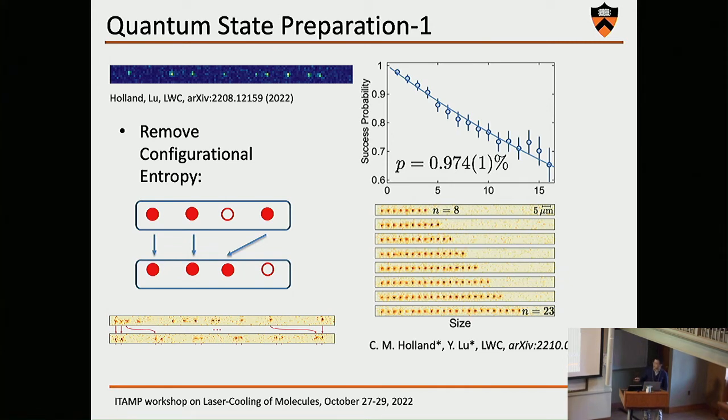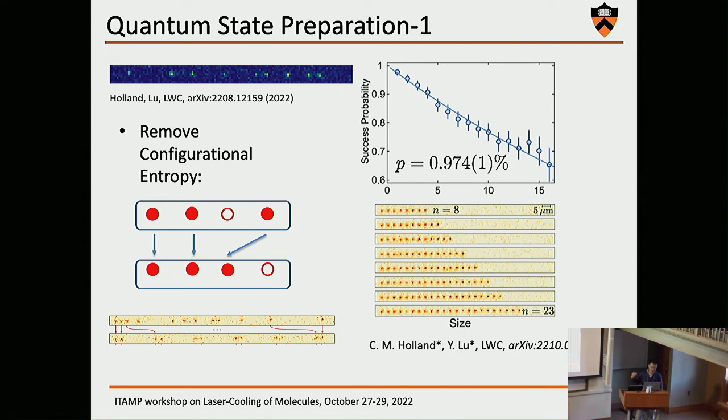So the way we do this is that we first take a peek by taking a non-destructive image of what is loaded. Then based on what we find here, we then, in a few milliseconds, move the occupied tweezers to the right location. For example, here we make pairs of molecules that are well separated.